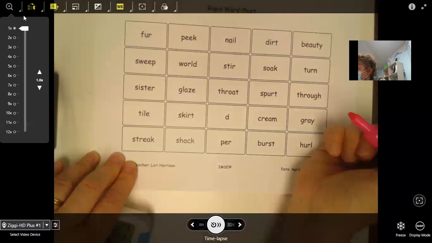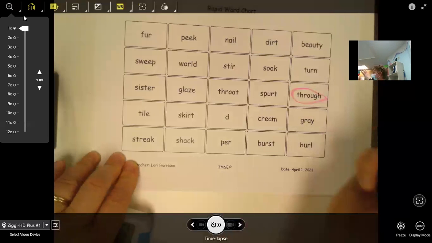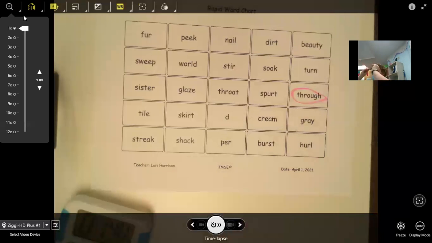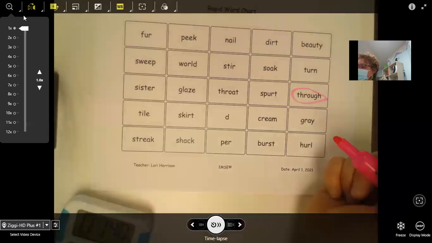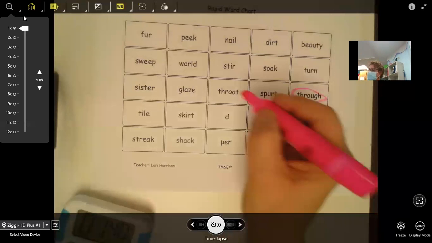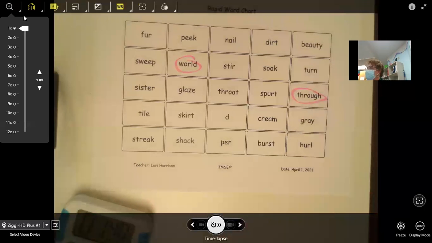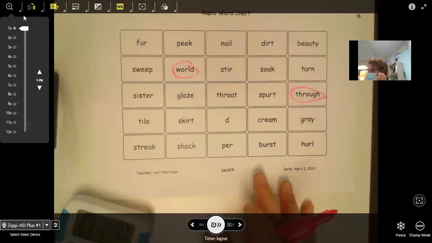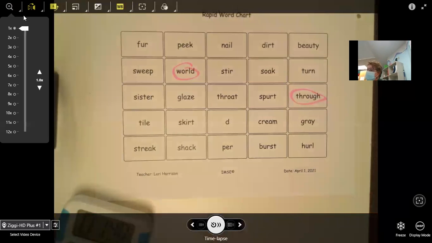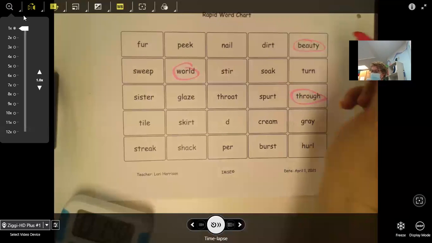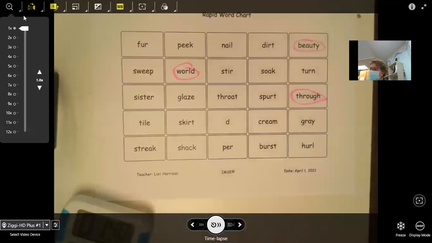Through, what else? Max? World. And our other one. There's another one. Beauty, yes.